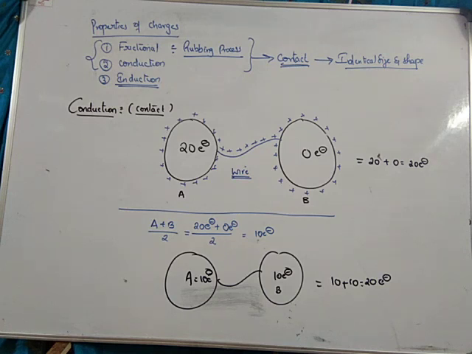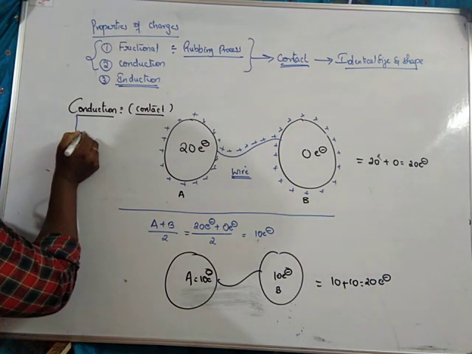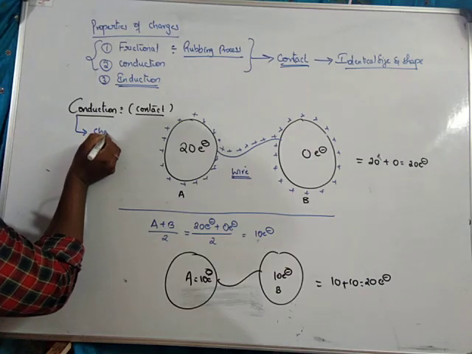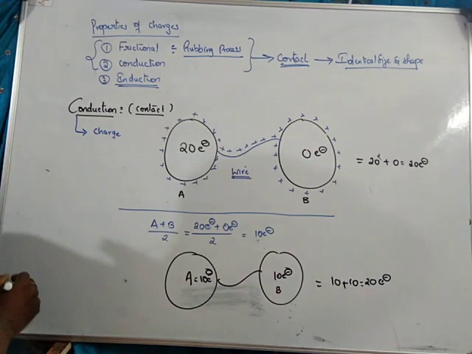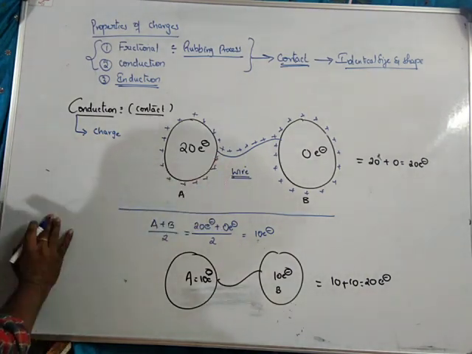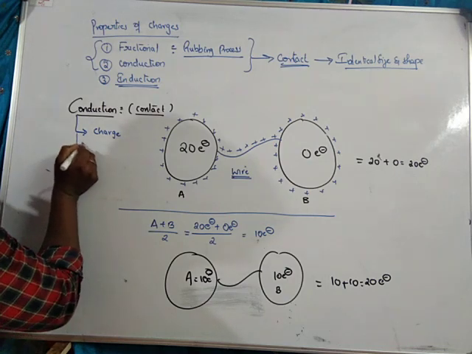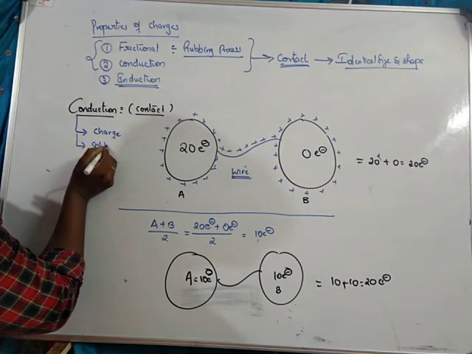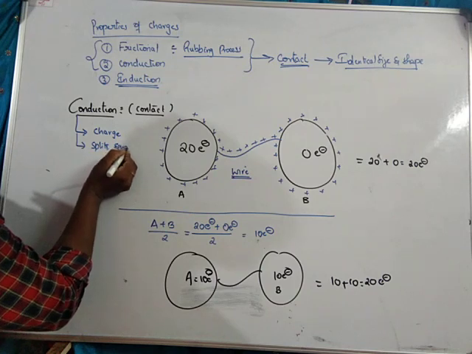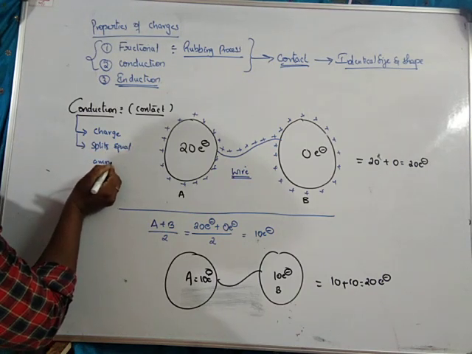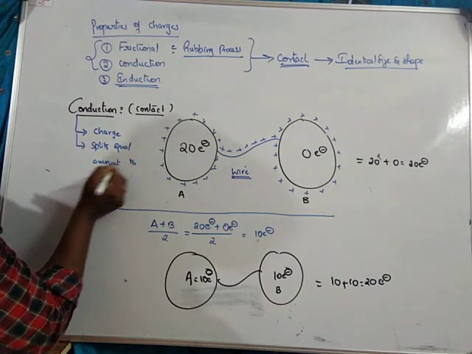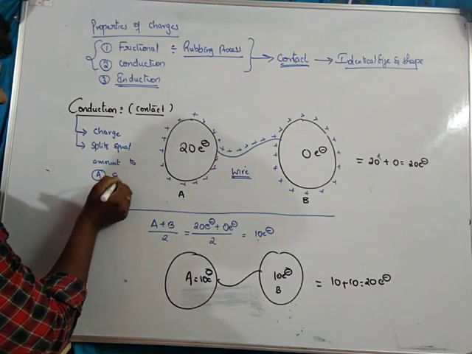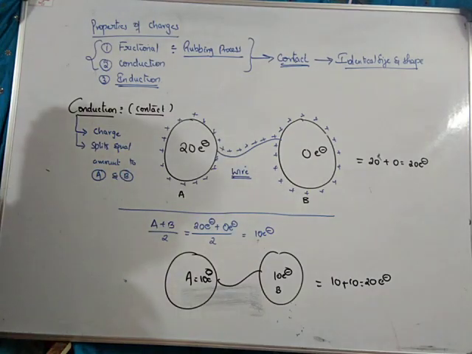So we get the net value. So it was clear. In conduction, whenever we make a contact, whatever charge we have splits in equal amount to A and B.